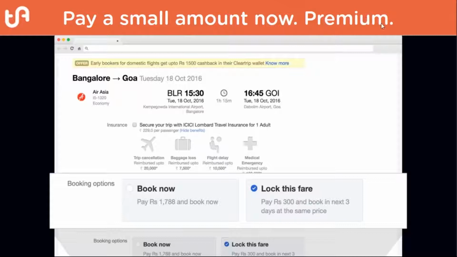So they approach you and you go ahead and lock 20 tickets at the fare of 1788. To do that you have to pay 300 rupees right now. So currently your investment is 20 into 300.